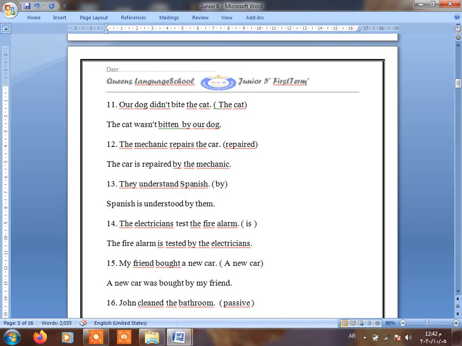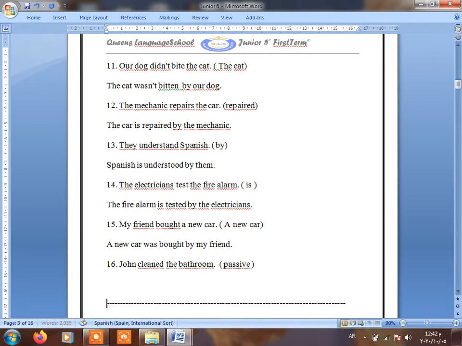Okay, so let's go to the next sentence. Number 16. John cleaned the bathroom. So John is the subject, cleaned is the verb, and it's in the past simple, and the bathroom is the object, so I will start with the bathroom. So the bathroom was cleaned by John.